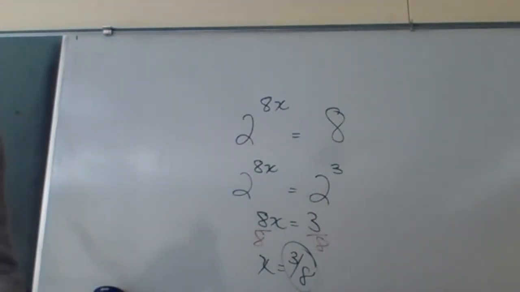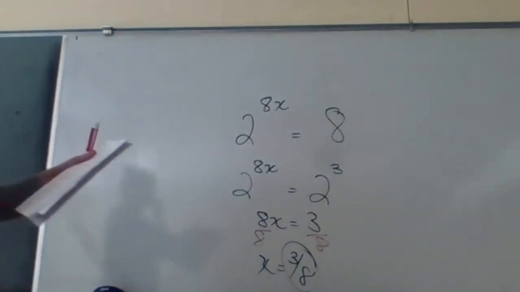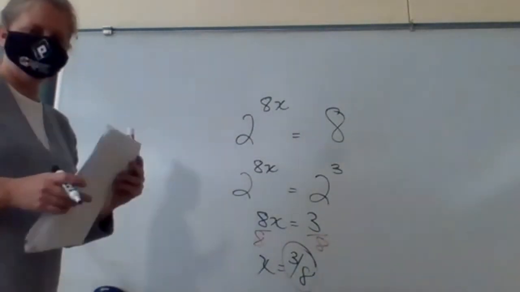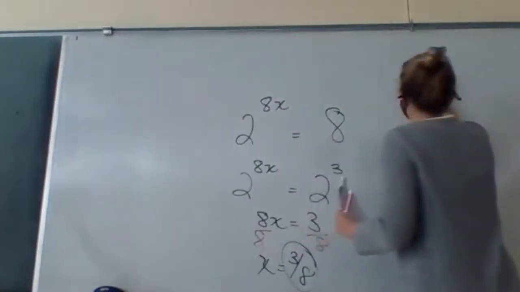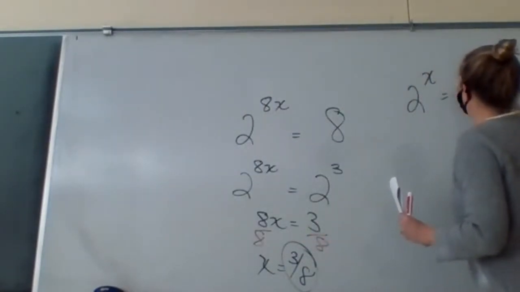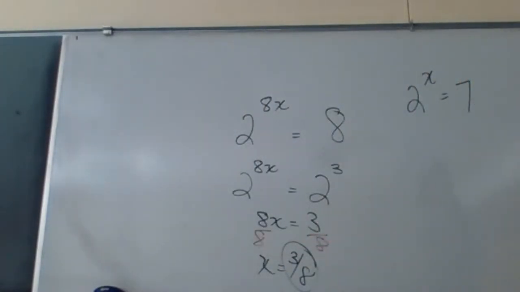All right, number 23. 2 to the x power equals 7. So I cannot rewrite 7 as 2 to a certain power to make my exponents equal. So this is why we have the other method.